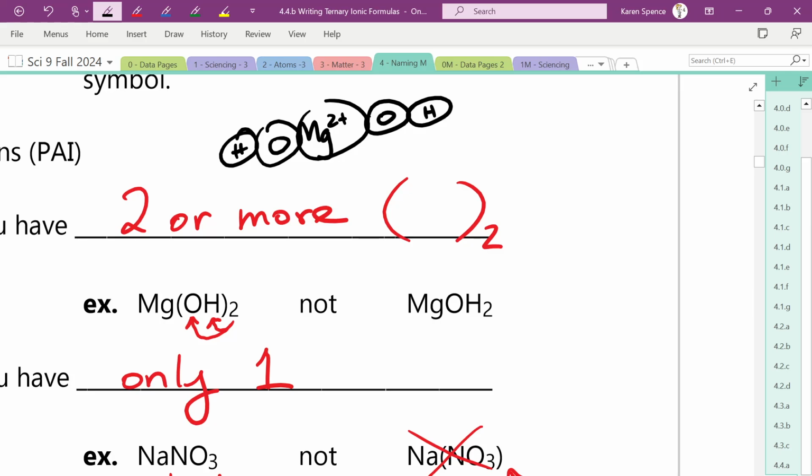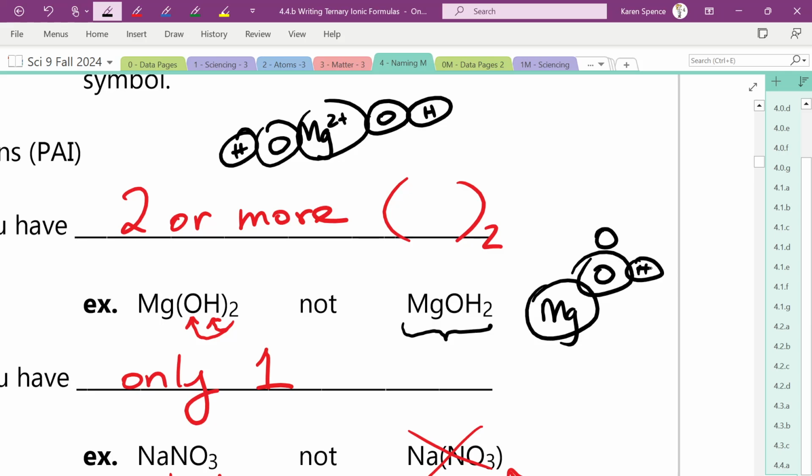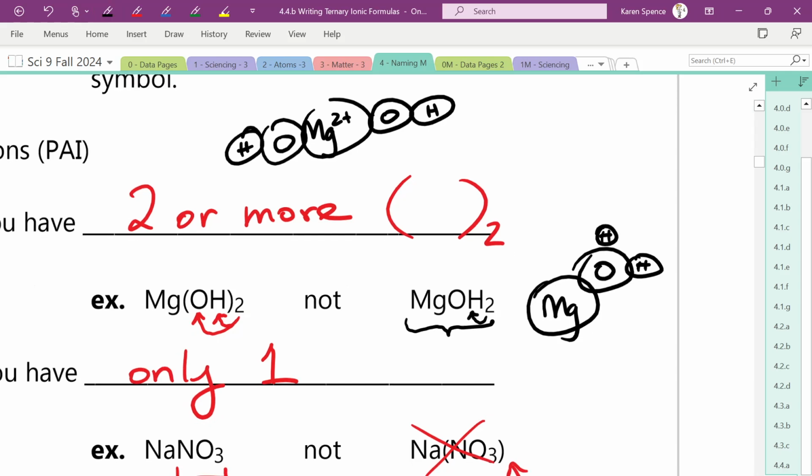If I just had this one here, it would be MgOHH, and I would only have two H's and not two O's, because this 2 only goes with that hydrogen because there's no brackets. So if there's 2 or more of a polyatomic ion, you need brackets. If there's only 1 of a polyatomic ion, do not put brackets. Brackets must always have a number on the outside.